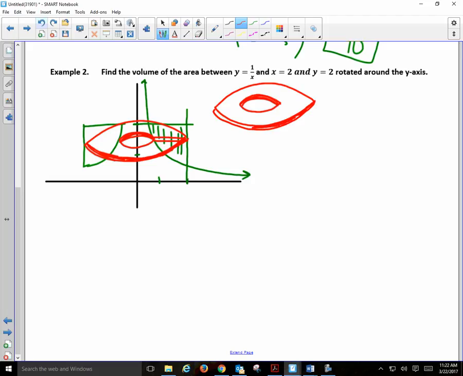Good question, Austin. If you want the washer to look three-dimensional, then you should shade the inside and outside opposite each other. See what I'm saying? If you're going to shade the top here, then shade the bottom there.